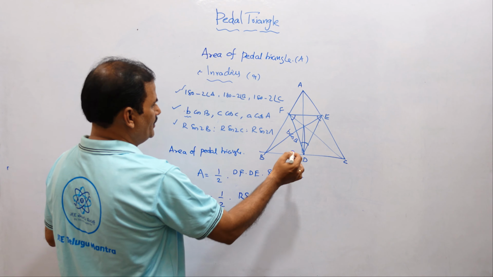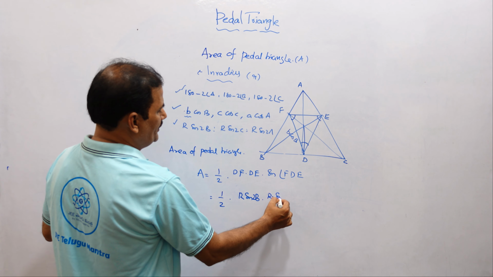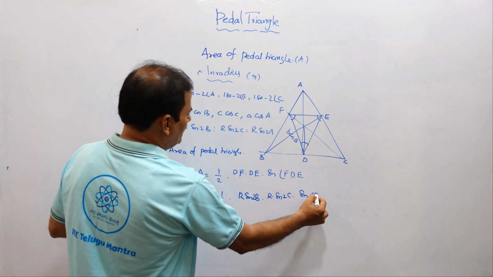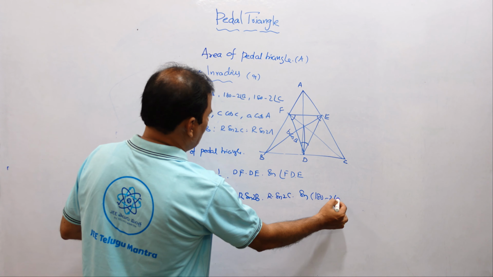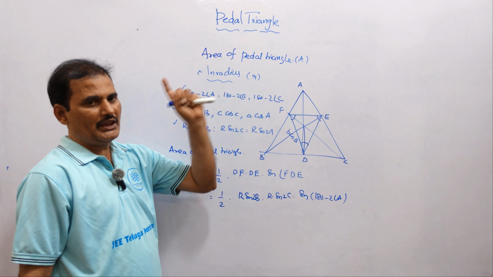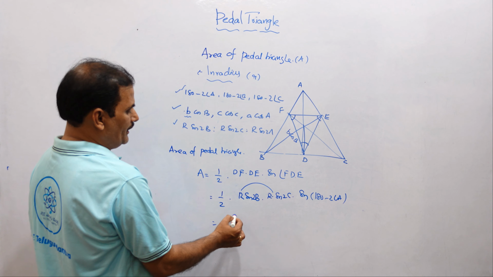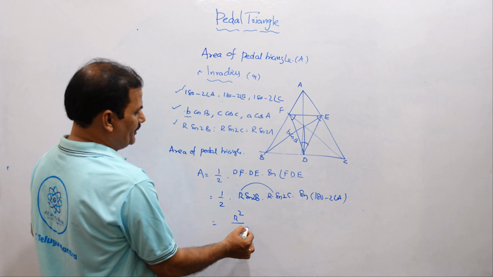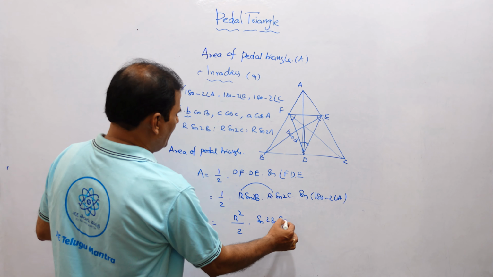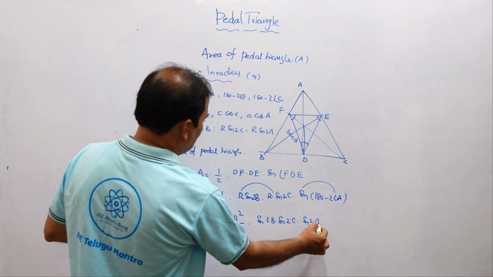But DE is opposite to C. Therefore R sin 2C, into sin of angle D, that means sin of 180 minus 2A, because angle D is opposite to the vertex A. Therefore R into R, R square by 2 sin 2B sin 2C sin of 180 minus theta, which is sin theta.